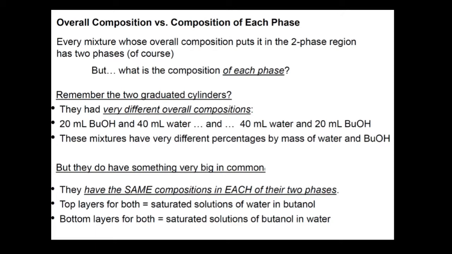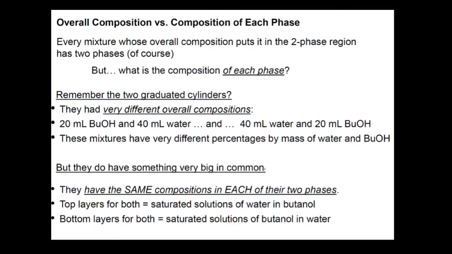And we've actually done this once, right? Parts 1 and 2, when we had those 2 graduated cylinders, we mixed 20 milliliters of butanol with 40 milliliters of water. And then we mixed 40 milliliters of water with 20 milliliters of butanol.